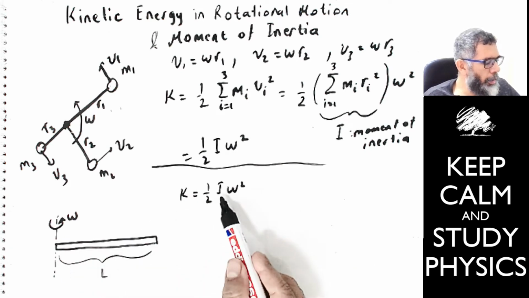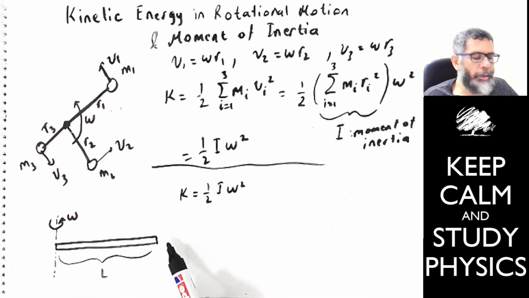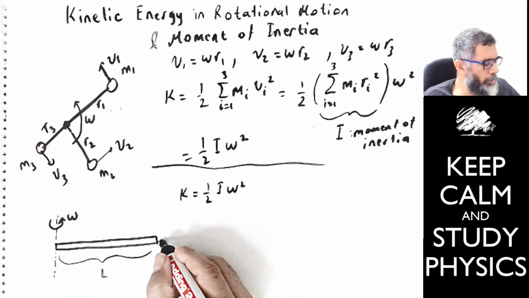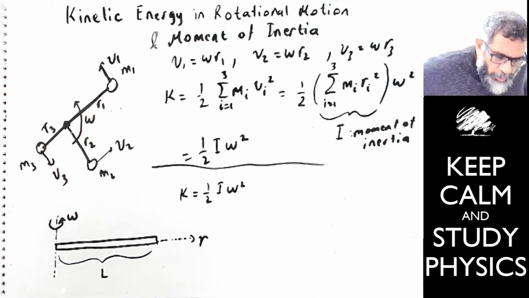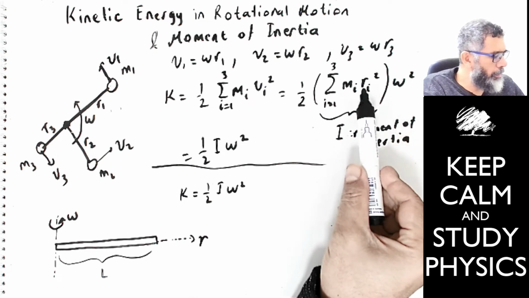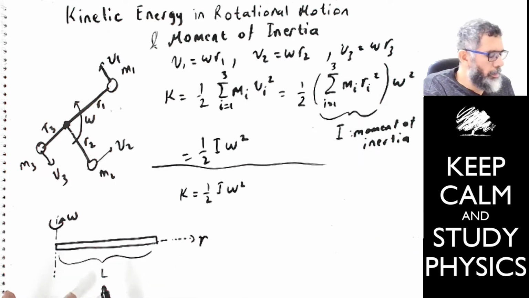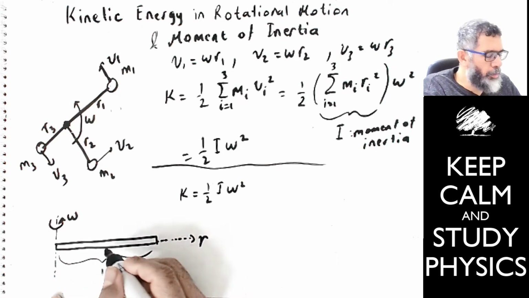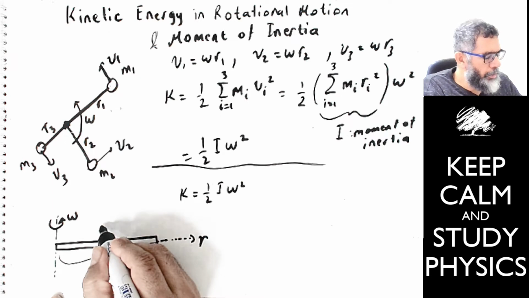So it's very obvious that the rotational kinetic energy will have this form. But how can we calculate the moment of inertia for that distributed mass along this one dimension? Suppose you take this axis to be the axis of r. We know that the moment of inertia can be calculated for point masses like this. The best way to approach the problem is to divide this rod into small pieces, which you call small masses.